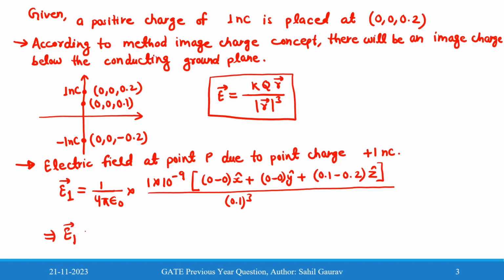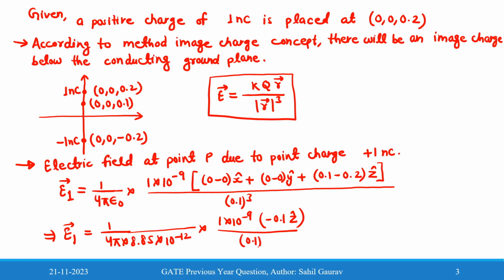So E1 vector will be 1 divided by 4 pi into 8.85, sorry, it is given 8.85 only, into 10 to the power minus 12 into 1 into 10 to the power minus 9 into minus 0.1 z cap divided by 0.1 cubed. So we can write E1 is minus 889.18 z cap volt per meter.